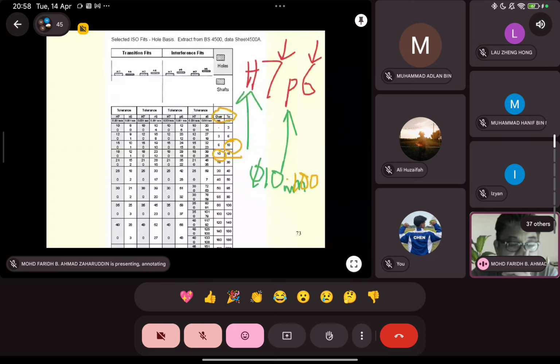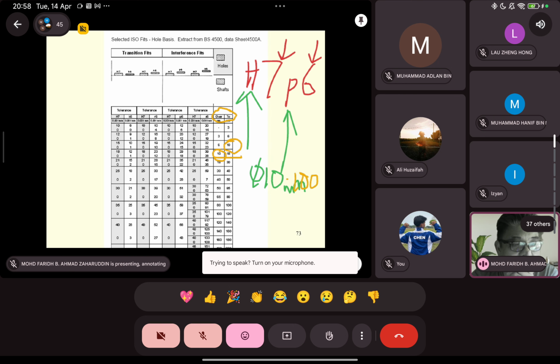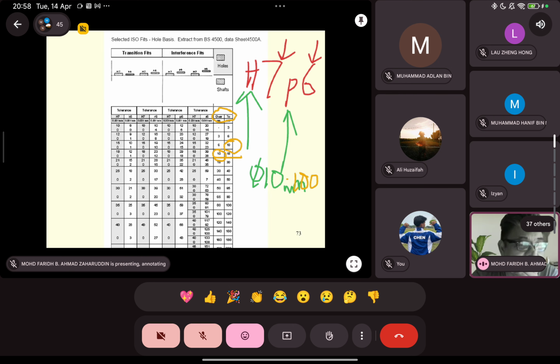Okay. So now Nur Alisa Shazliana, are you listening? Yes, Doctor. Okay. Now, my question. Ali Huzaifah said that we're going to choose this one. Now, from this H7, P6, please give me the value for H7.